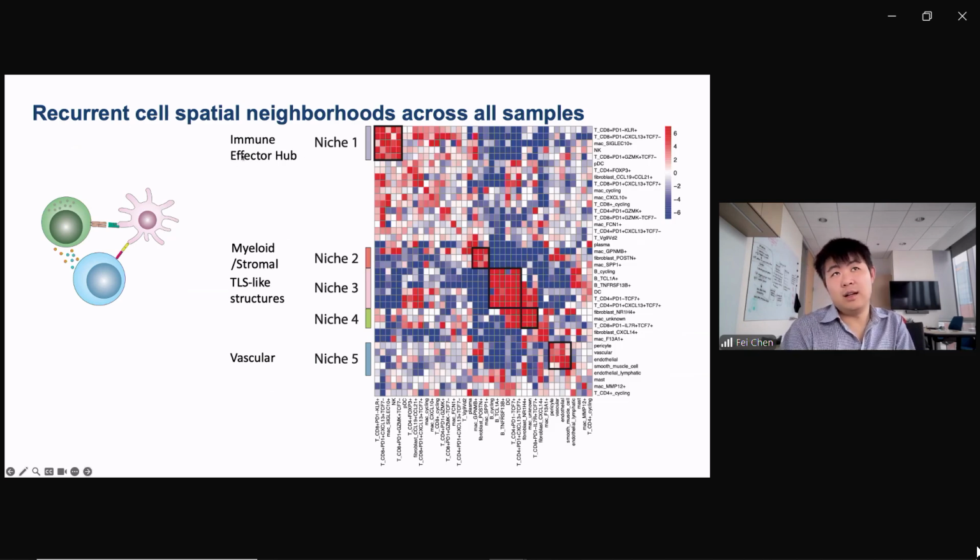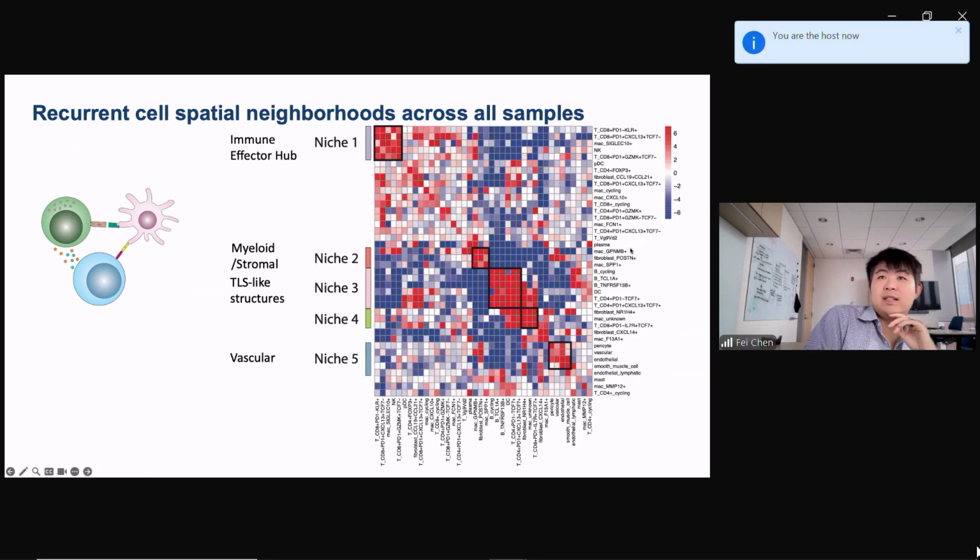This is a recent observation by many, including Nir and others, of populations of macrophages, DCs, and tumor reactive CD8 T cells that form local structures within tumors.